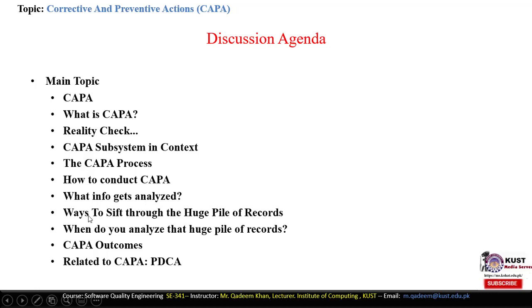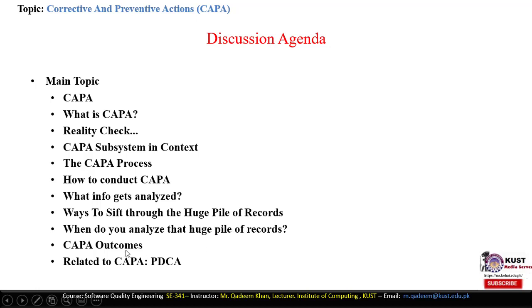These are examples that will tell you that it is very much time effective as well as cost effective when we want to sift through the huge piles of records. When do you analyze those big files of records?